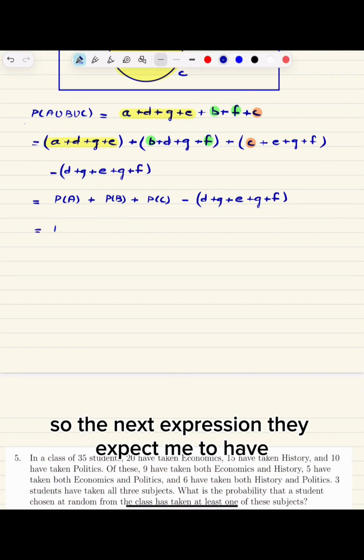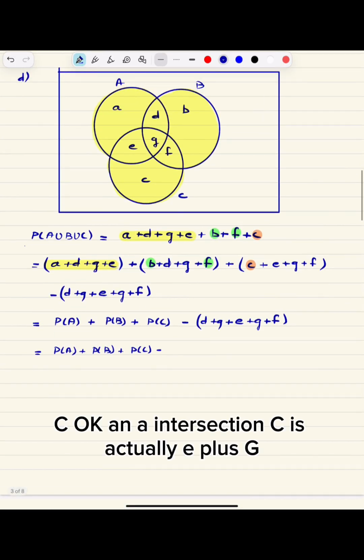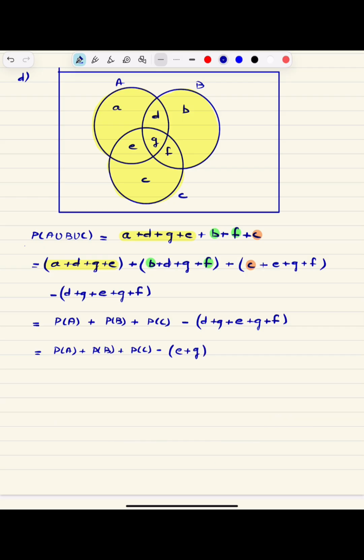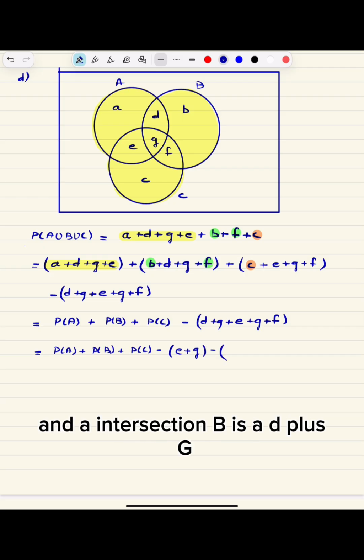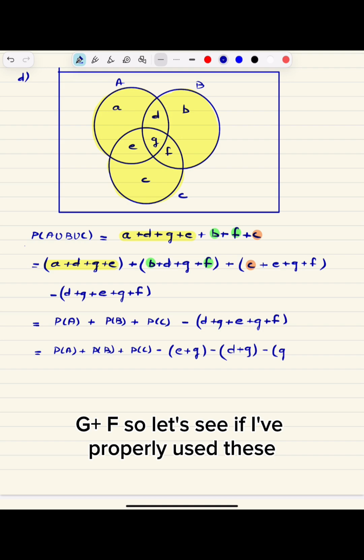A intersection C is actually E plus G. A intersection B is D plus G. And B intersection C is G plus F.